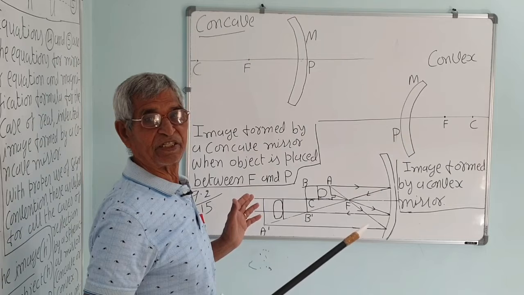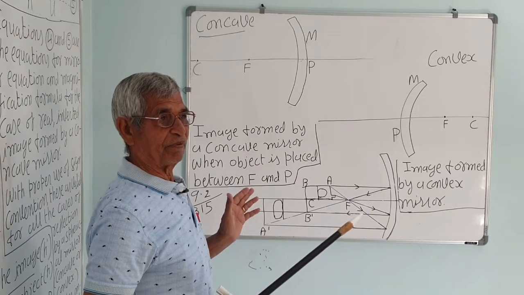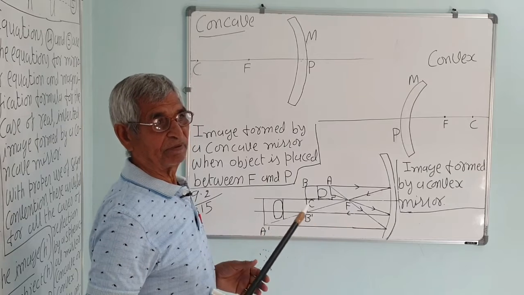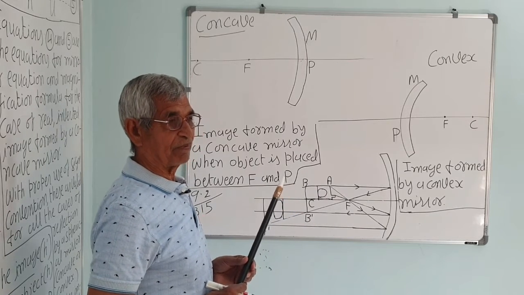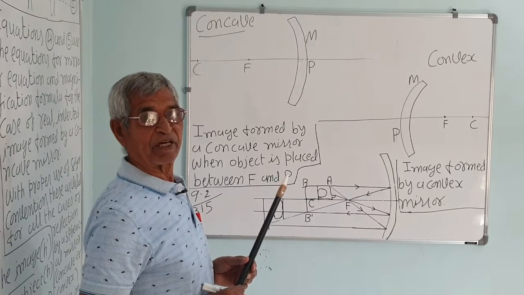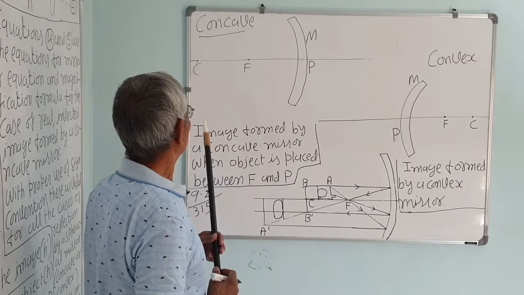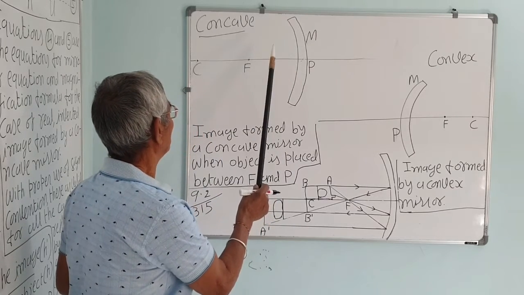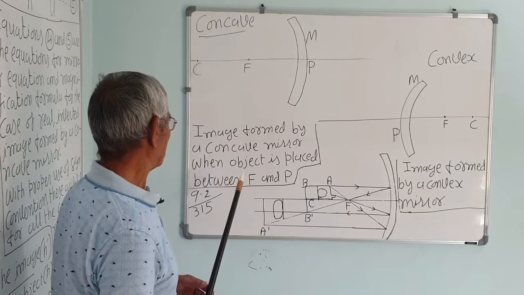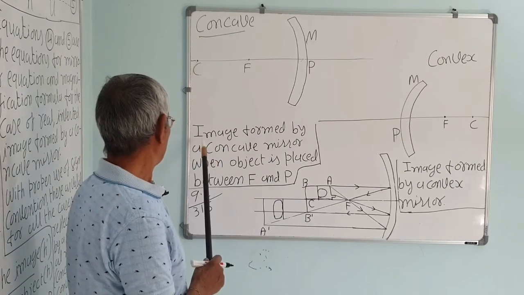If it is at C, then the image will have the same size. Then if the object is between C and F, the image will be beyond C, that is, magnified again. And if it is at F, the image will be at infinity. And if the object is within F, that is between F and the pole, the image will not be real.